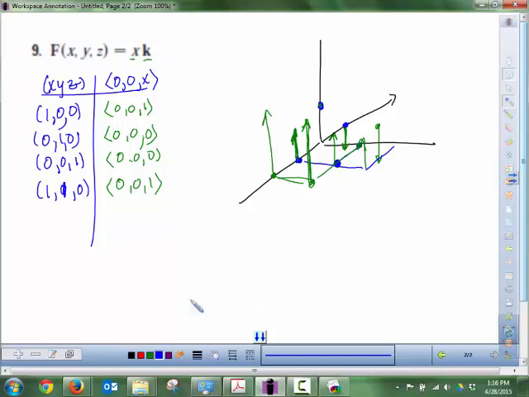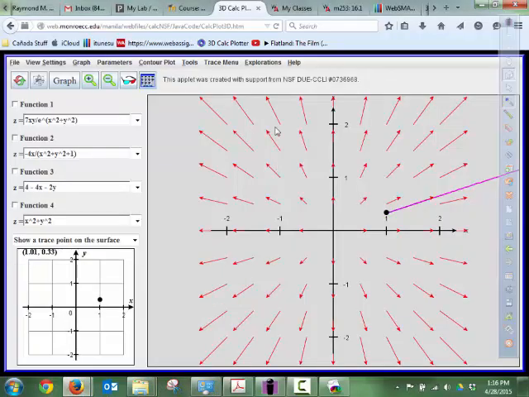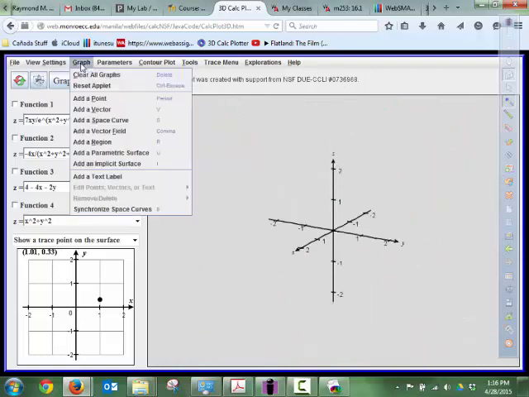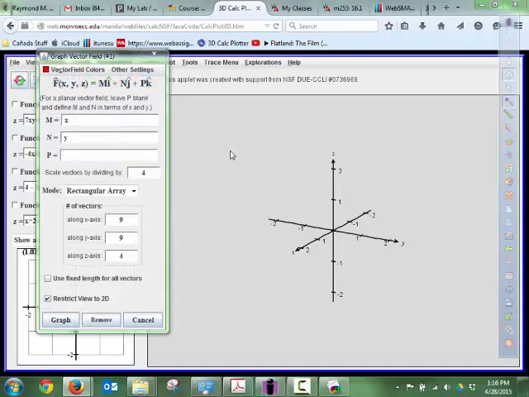You could probably Google an app or an online program that would help you draw these vector fields. Let's see if that 3D plotter is going to help.